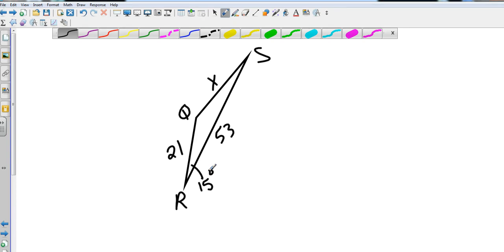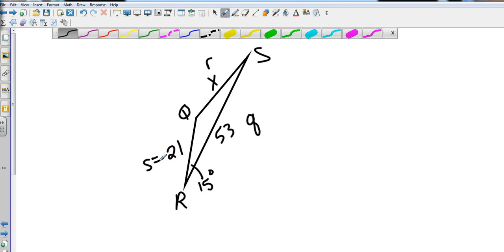And in this case, we're going to be using R, and understand that this is side R, lowercase. This is side Q, lowercase. And this is side S, lowercase.